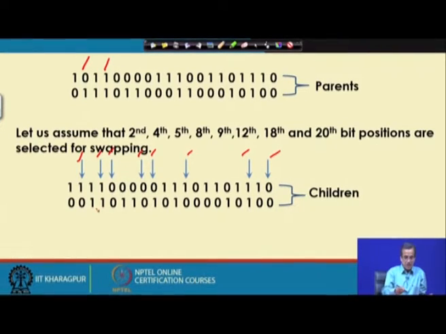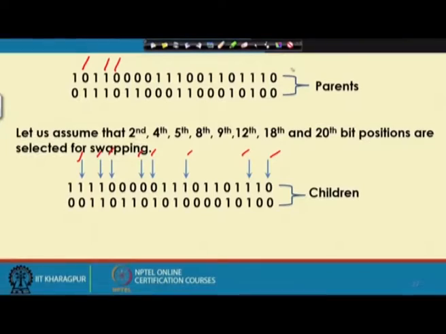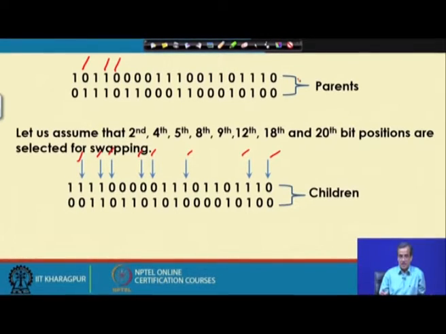Then the fifth position is a success, so once again there will be swapping. 0 0 will become 0 0 here. This procedure is followed, and if we follow this principle, starting from the two parents we will be getting the children solution like this.